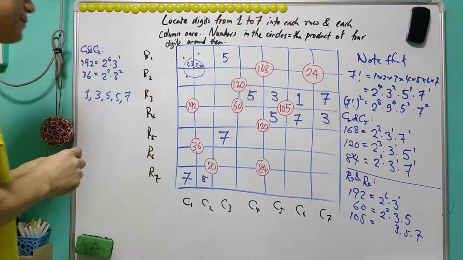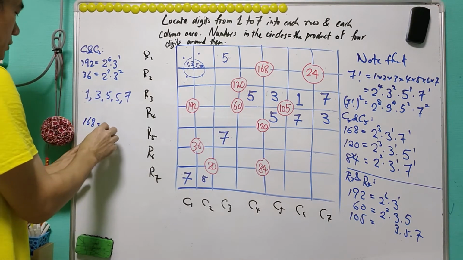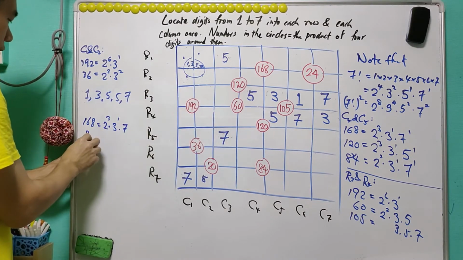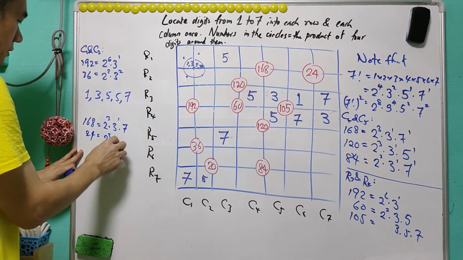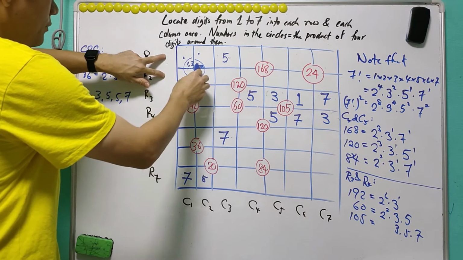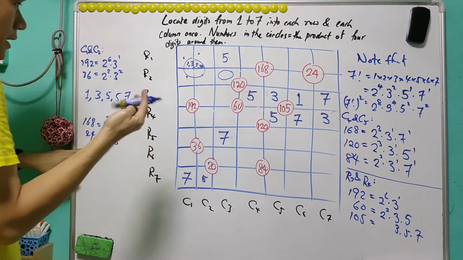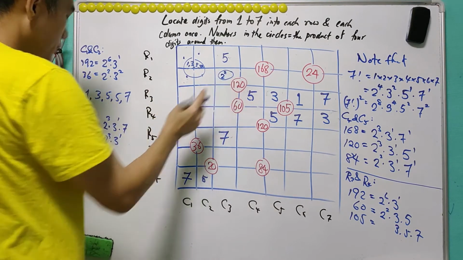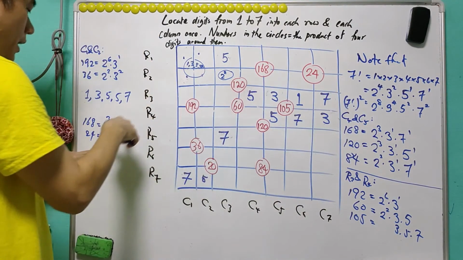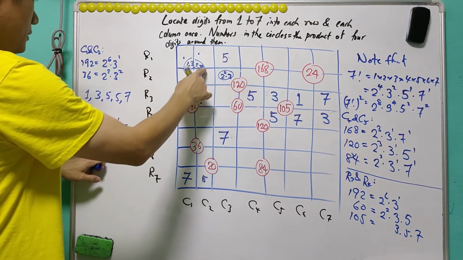And now we consider R1, R2. 168 is equal to 2 to the power 3, 3 to the power 1, and 7. 24 is equal to 2 to the power 3, 3 to the power 1. Together with the 2, 5, 1, 3, and 1, 7, we're left with this number here that is 2 to the power 2, 2 to the power 2 to make up 2 to the power 8, and 3 times 3 done, 5 done, 7 done.